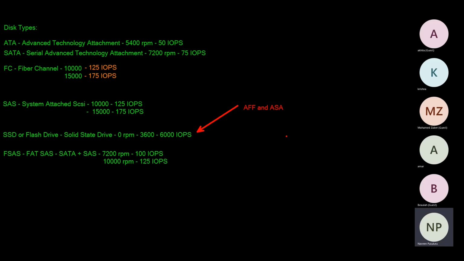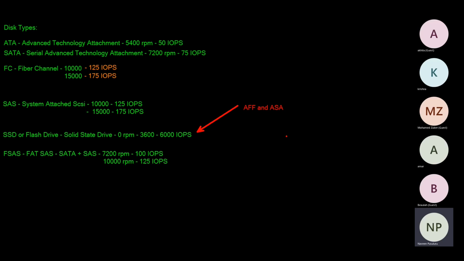So SSD will give you very good performance when you compare it with all other disk types, because SSDs are designed with a different technology compared to spinning drives. The remaining drives, SATA, ATA, FC, SAS, FSAS, we call them spinning drives because they are designed in such a way that the platter in them rotates.